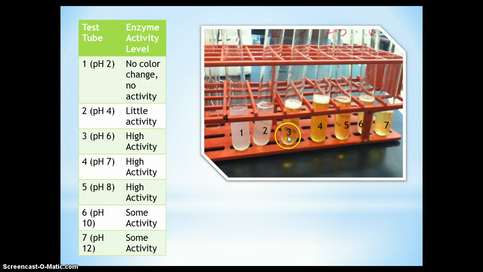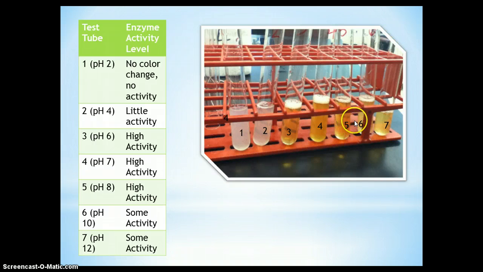Test tube 3 had a pH of 6, and you can see here that it had a darker color. Test tube 4 had a pH of 7, and test tube 5 had a pH of 8. So test tubes 3, 4, and 5, you can tell that they had high enzyme activity because they had a dark color.